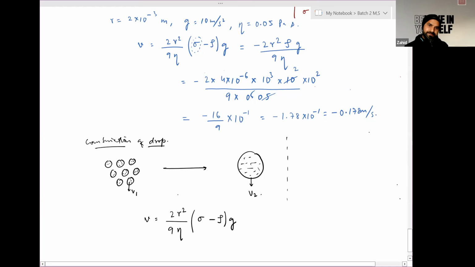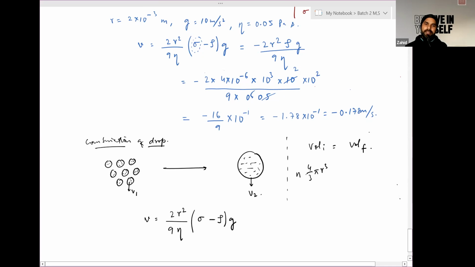So on going from these small drops to form a single large drop, volume initial equals volume final. Each small drop being spherical in shape will have volume 4 by 3 pi r cube.